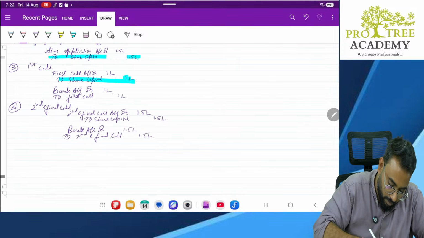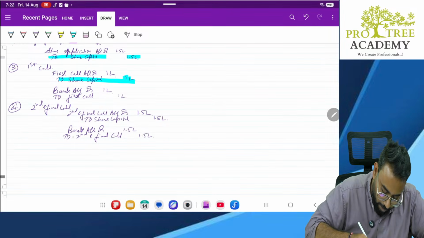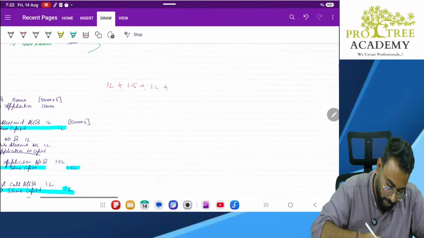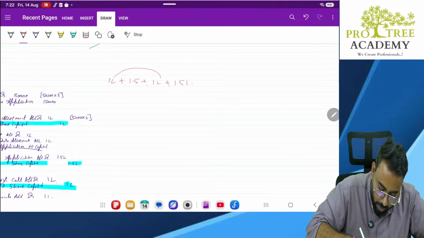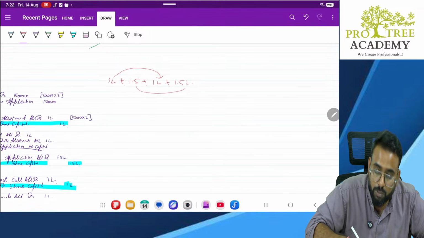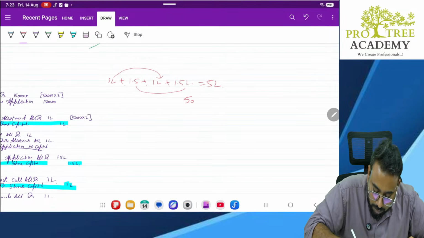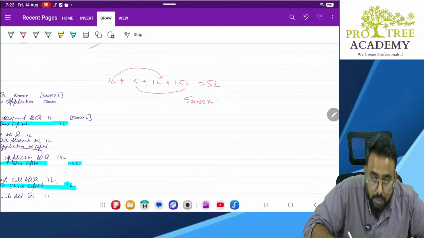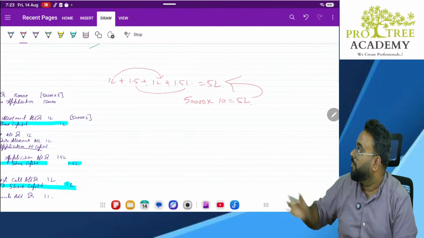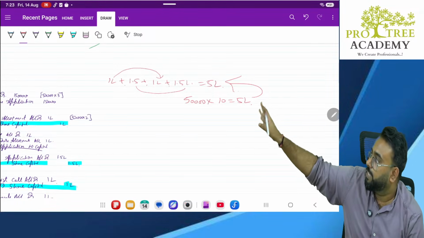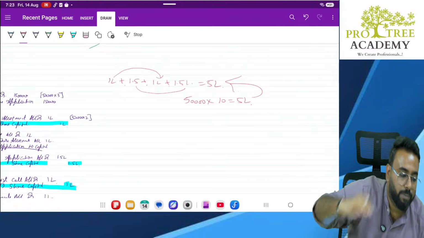Then here also share capital created, 1.5. Total: 1 plus 1, 2 lakhs, plus 1.5 plus 1.5, 3. Total 5 lakhs. What is the number of shares I issued? 50,000. What is the per share price? 10 rupees. Total 5 lakh. Have we received the money? Yes. We wanted 5 lakh, we have received 5 lakh. Only thing is we have received this 5 lakh on an installment basis.